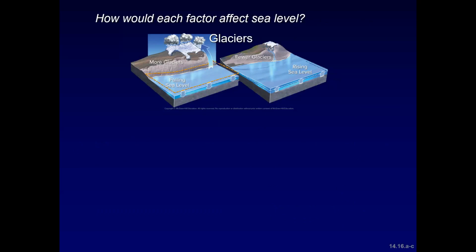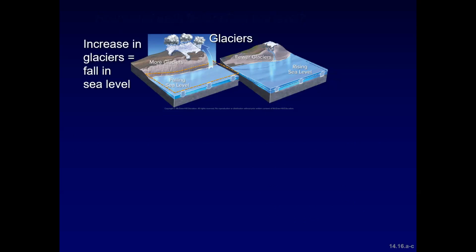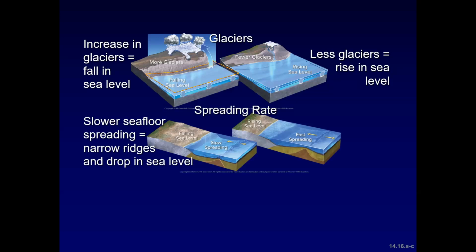How would each factor affect sea level? So glaciers are back. An increase in glaciers equals a fall in sea level because we've got the water trapped up in the ice. Less glaciers equals a rise in sea level. Looking at tectonics and spreading rate.